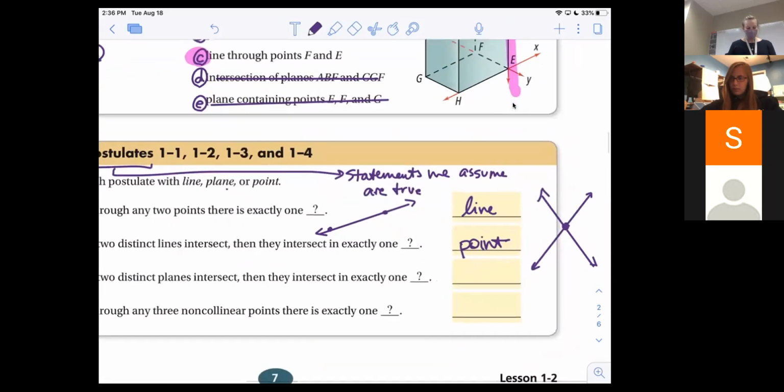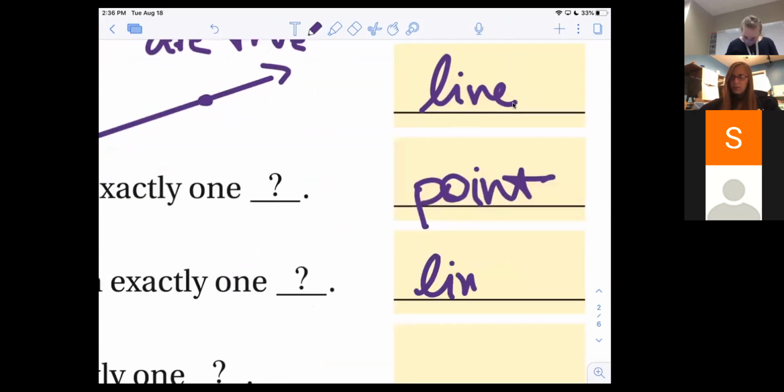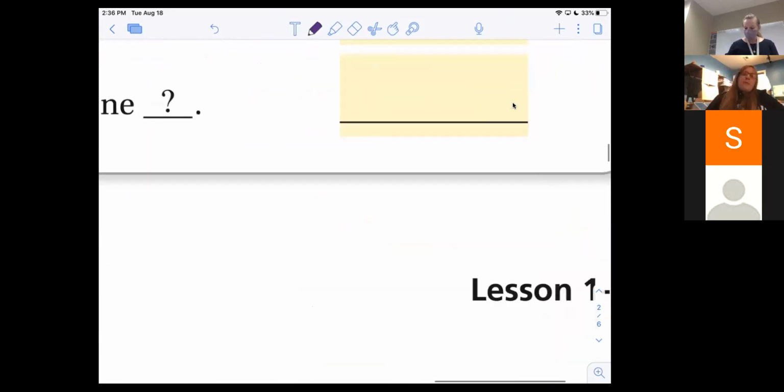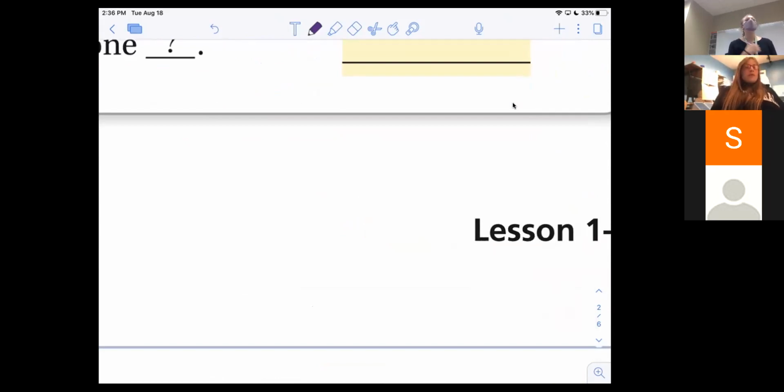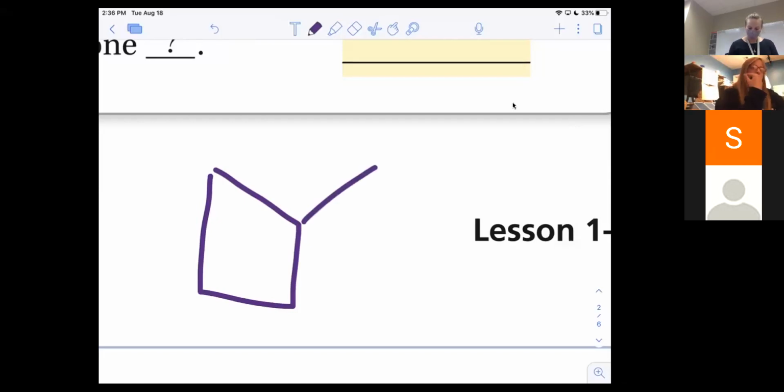If 2 distinct planes intersect, then they intersect in exactly one line. Good, we just wrote that down. And let me draw that for you. Some of you might be much better artists than me. It's hard sometimes for me to show something that's 3D in 2 dimensions. I do it like a book. So I'm gonna do one page like this, one of my planes is like that, and then one's like this.